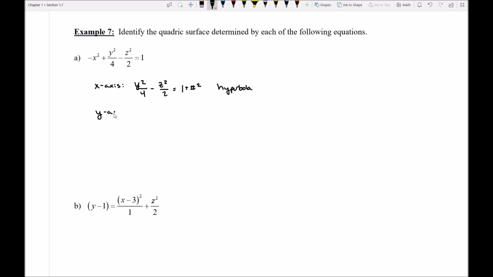When I view this down the y-axis, what I'm going to see is minus x squared minus z squared over 2, and then a 1 minus y squared over 4. Now this doesn't seem to resemble any of the conics that we had talked about, but if I multiply both sides by a -1, then I can actually see that this is really similar to the structure of an ellipse.